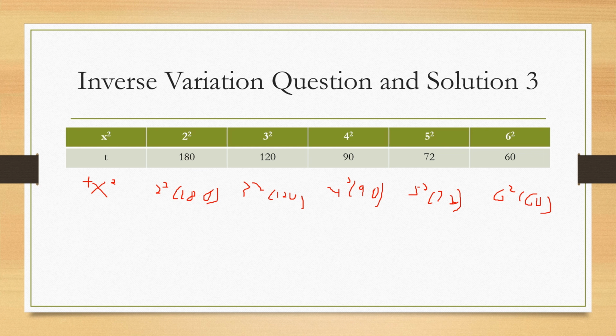So the answer using calculator, 720 over 70.